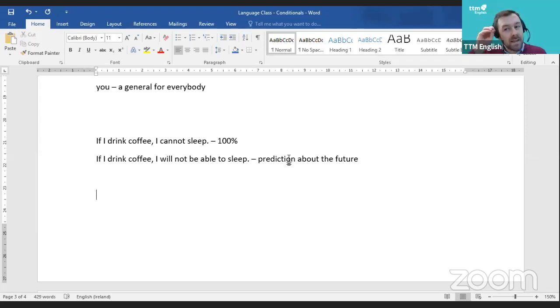Not 100%. We can feel certain about the future, but it's still a prediction. So we are ever so slightly stepping away from certainty. And that's something we should really think about here. Now, what part of it is not certain?